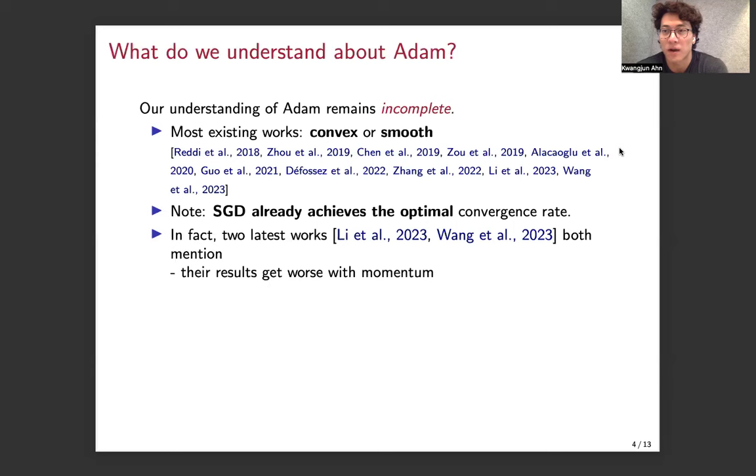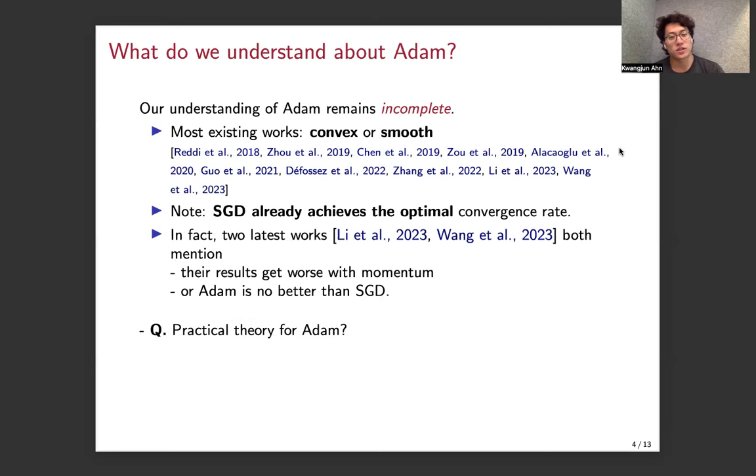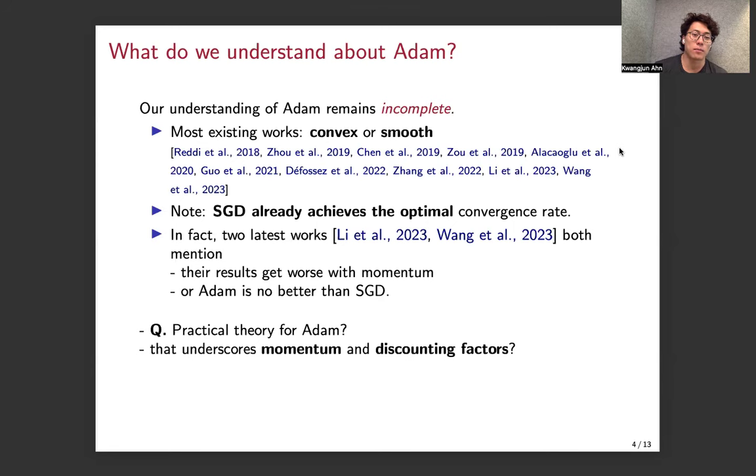When you turn off momentum of the optimizers, it works much poorer. Or Atom's convergence rate is no better than SGD, which is not reflective of practice because Atom oftentimes is much faster than SGD. So here the question is a practical theory for Atom that underscores the key components like momentum and discounting factors. And obviously to achieve this, we need to step away from these previous approaches where they consider analyzing Atom for smooth or convex settings.